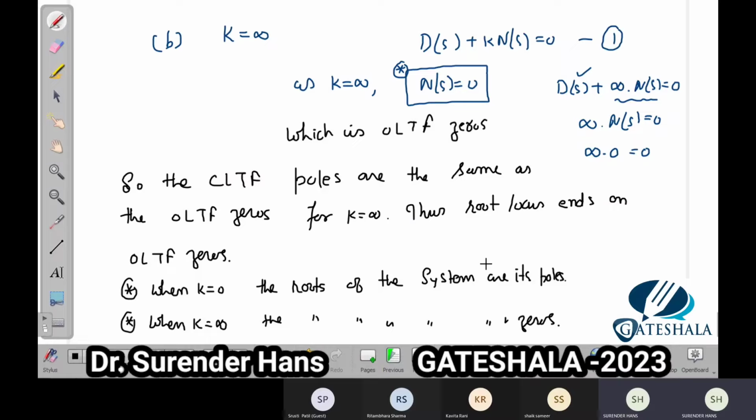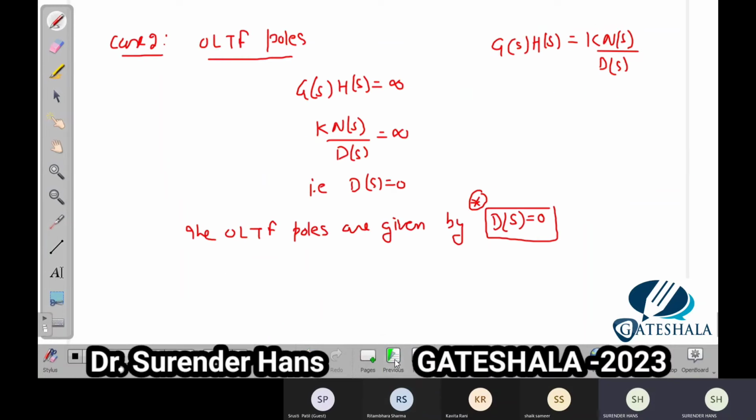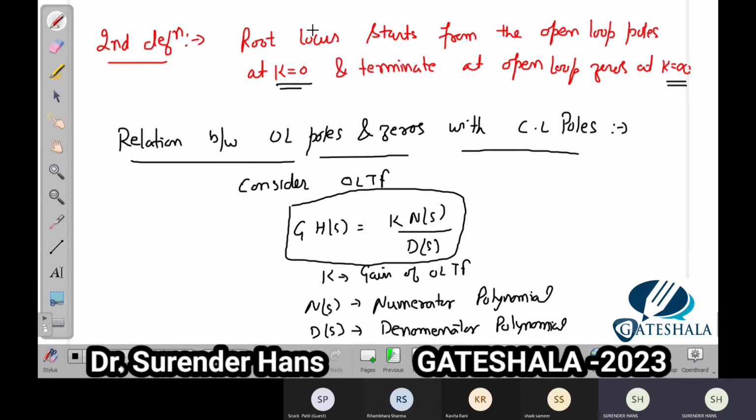Now this is the second definition. So where is the definition? The problem in the closed loop poles is, as the order increases, it is very tough to calculate all the poles of the closed loop, because the closed loop poles are a function of open loop gain k. So another alternative is root locus. There is a relation that we derived already.